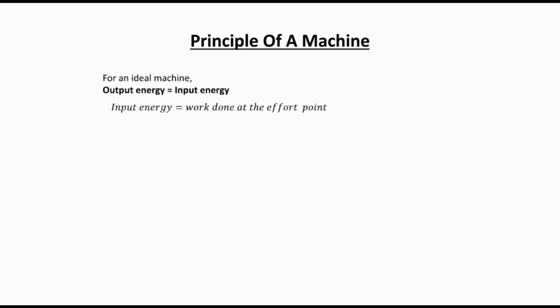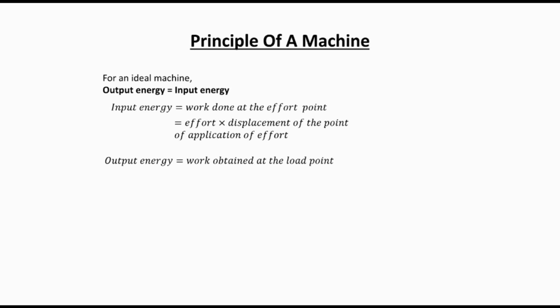Energy is equal to work done at the effort point, that is effort E multiplied by displacement of the point of application of the effort. Similarly, output energy is work obtained at the load point, which will be equal to load multiplied by displacement of the point of application of load.